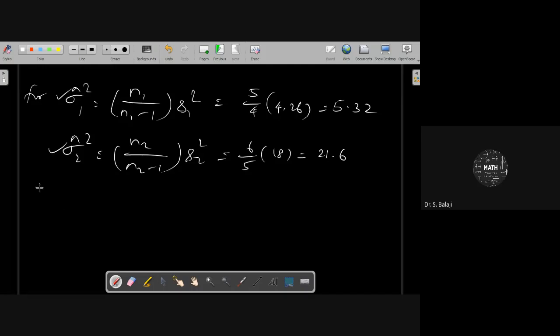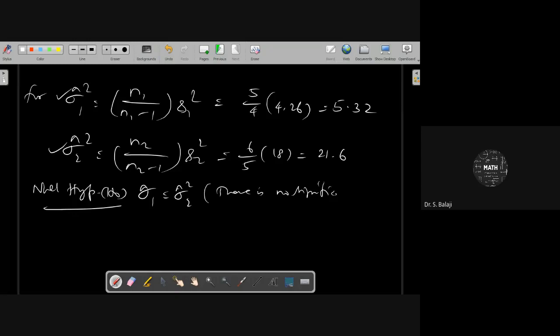Therefore, you have to write the null and alternative hypotheses here. Null hypothesis H naught: both are same, there is no significant difference in the population variances given by the samples.